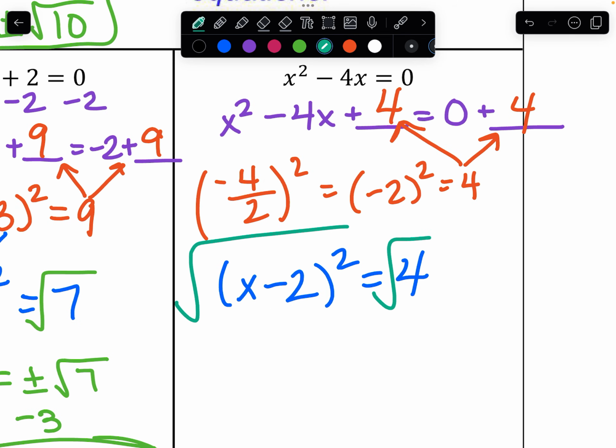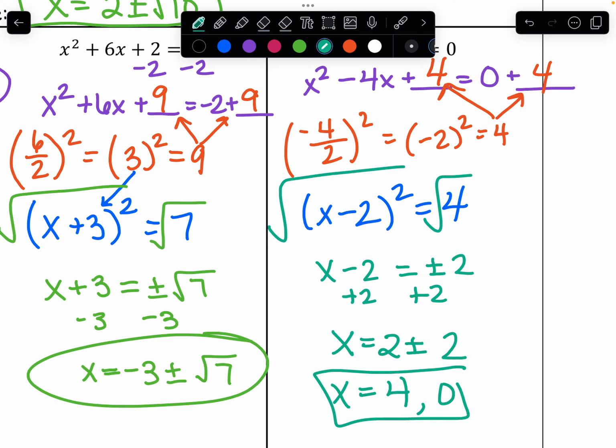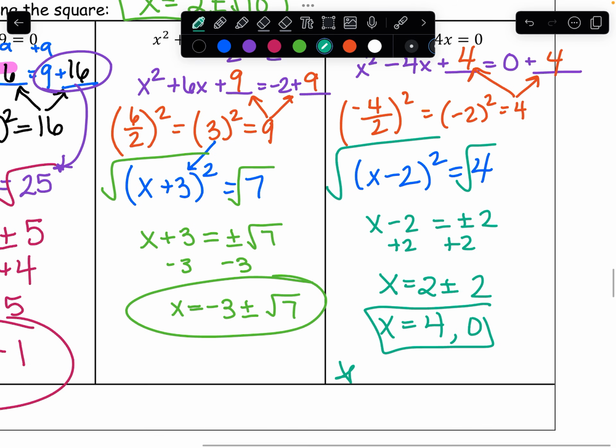Square root both sides. We get x minus 2 equals plus or minus 2. Add 2 to both sides to get x equals 2 plus or minus 2. And so x equals 2 plus 2 is 4, 2 minus 2 is 0. For this one, I would have just factored out a GCF and factor. It would have been way easier.